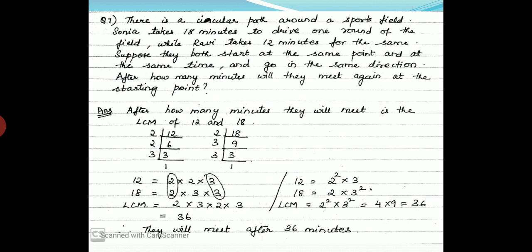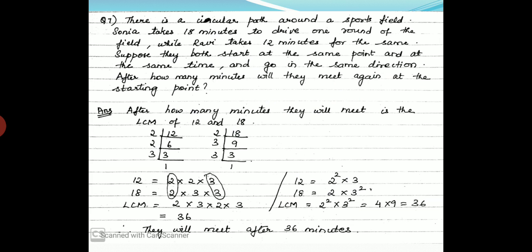Now first Sonia takes 18 minutes for the first round. Then second round, how many minutes will it take? Plus 18 minutes, so 36 minutes. Then again third round, how long will it take? 54 minutes. So you can see that the times taken are multiples of 18 for Sonia. Now Ravi, first round he takes 12 minutes.